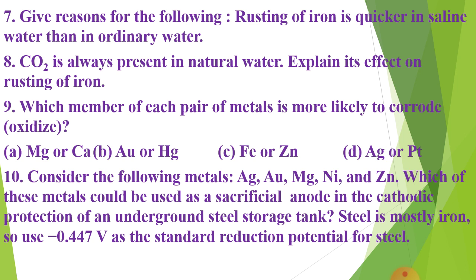Here also you have to look at which metal has a more negative E value than steel to be used as a sacrificial anode. So again go to the electrochemical series, recall the E values given in that series and find the answer of this question.